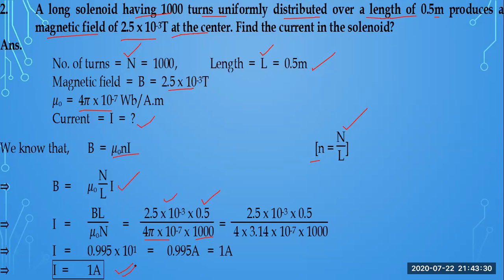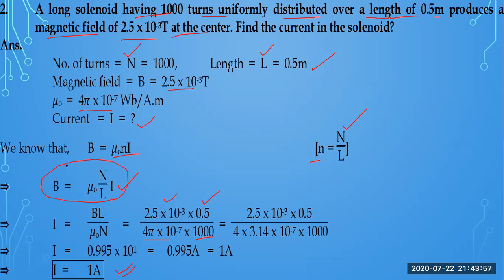So which formula will you use? This is the formula used to calculate it, B is equal to mu naught n I. The value of N is given, and you already know the value of mu naught. The length of the solenoid is also given. The current passing through the solenoid can be calculated if the rest of the values are known.